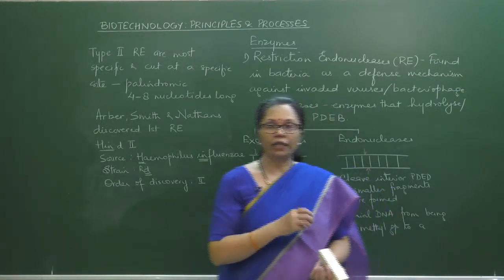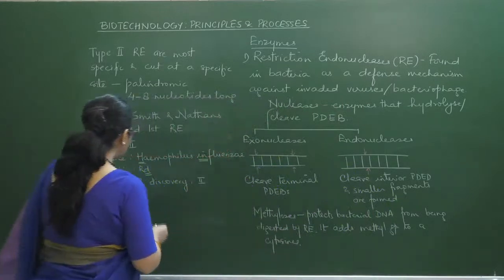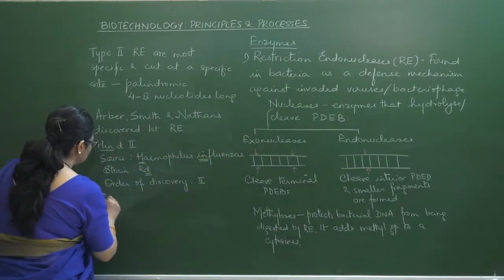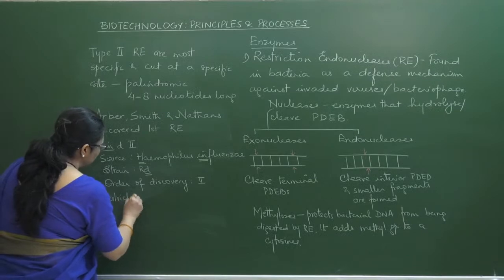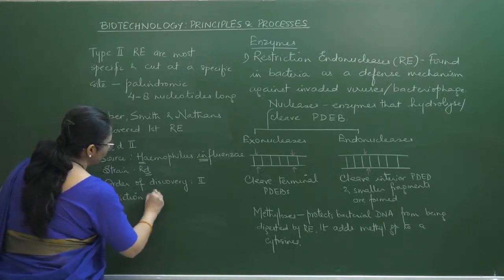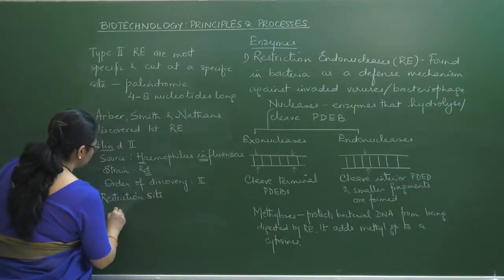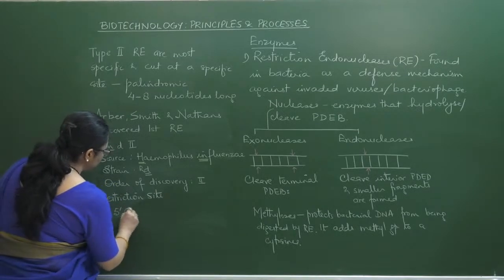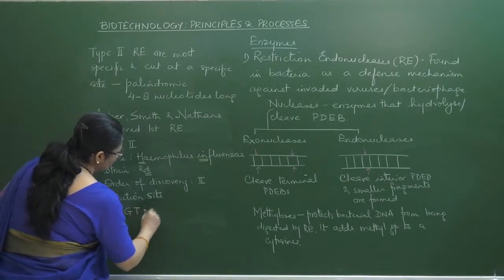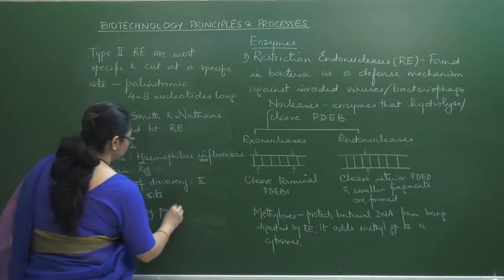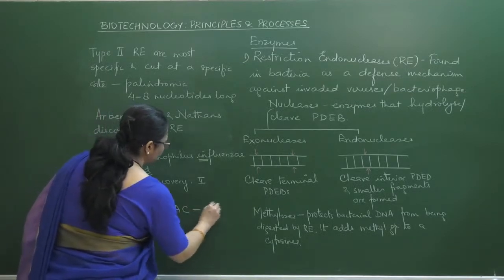Okay, so that is the one, and its restriction site or recognition site is 5' GT, then Py, Pu, and here 3'.